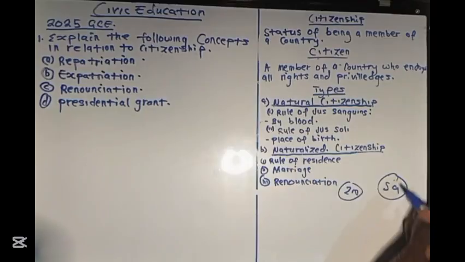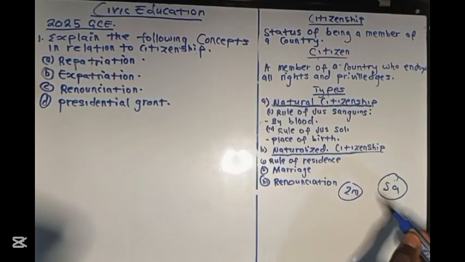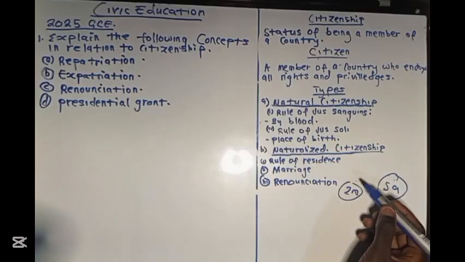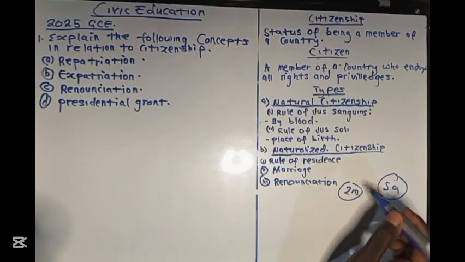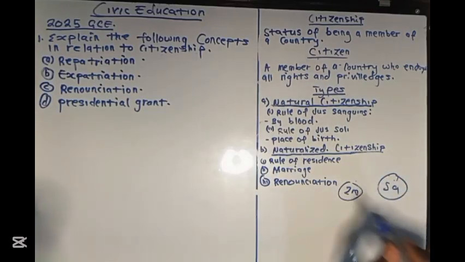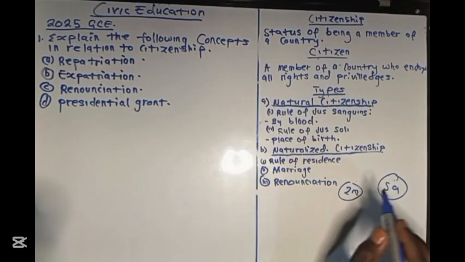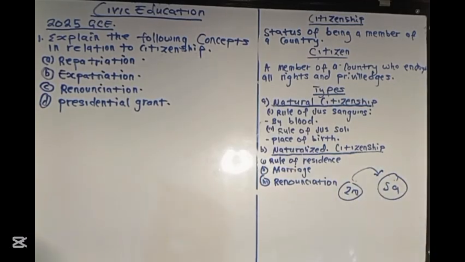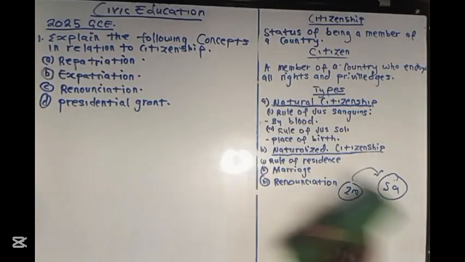When you go there, they tell you, before you come here, renounce your previous citizenship. So you come to Zambia and publicly say, I am no longer part of this country. So you have renounced your citizenship, and then you can travel to your new country. So you become a South African via renunciation. We are clear on that.